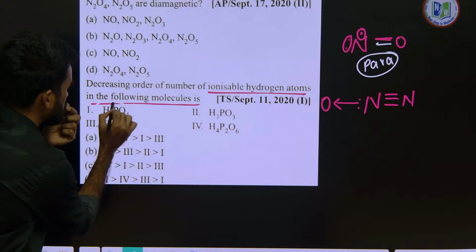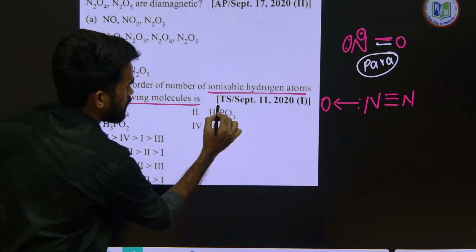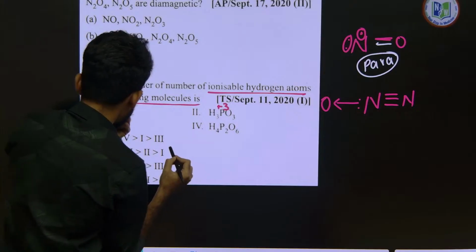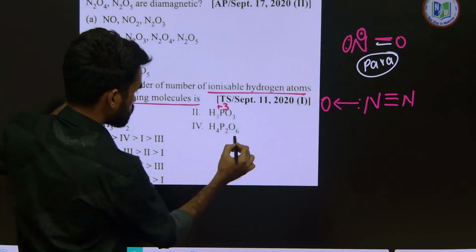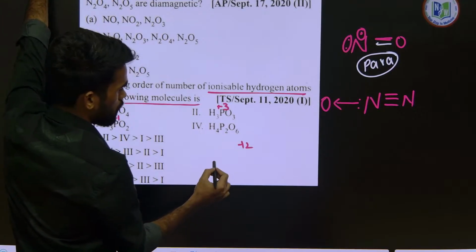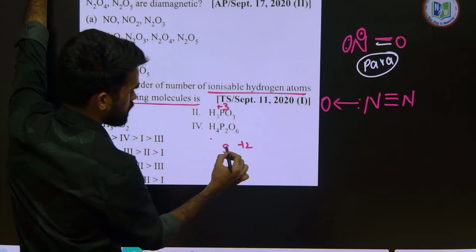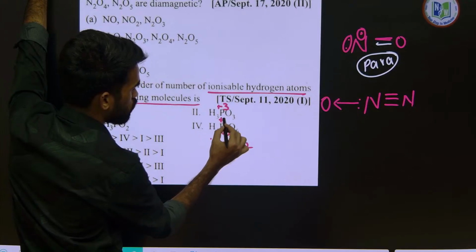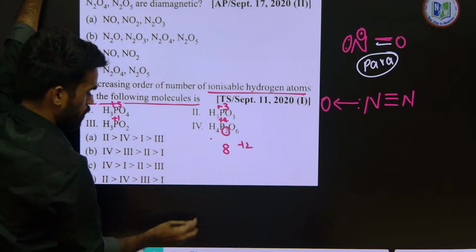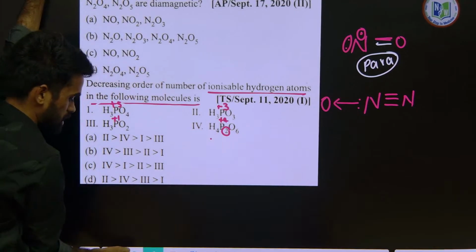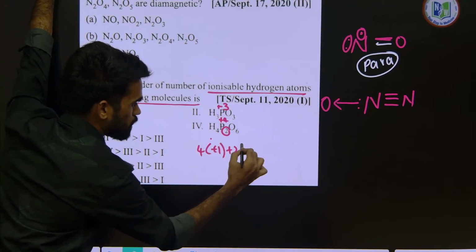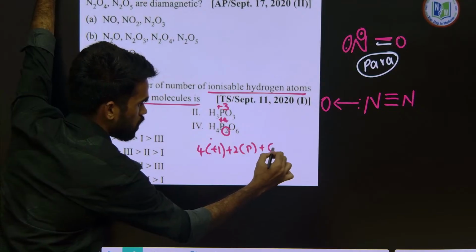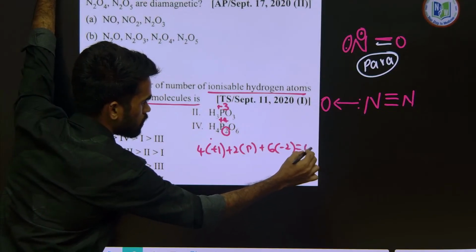If you calculate here, you will get +5 and here you will get +3, and here you will get +1.